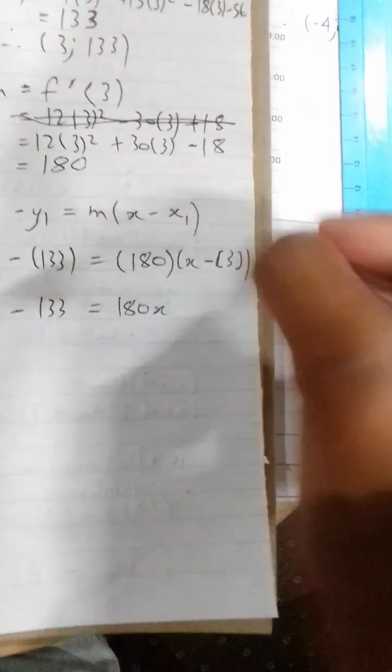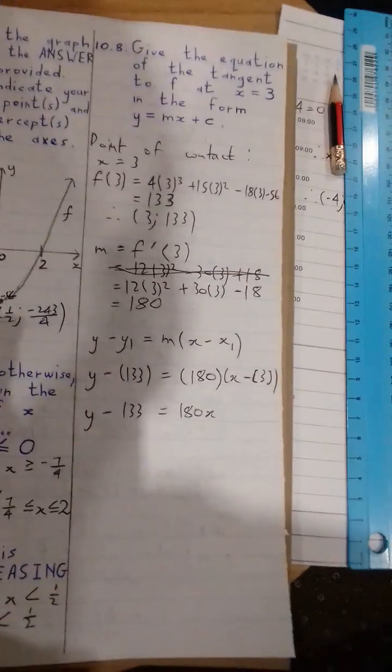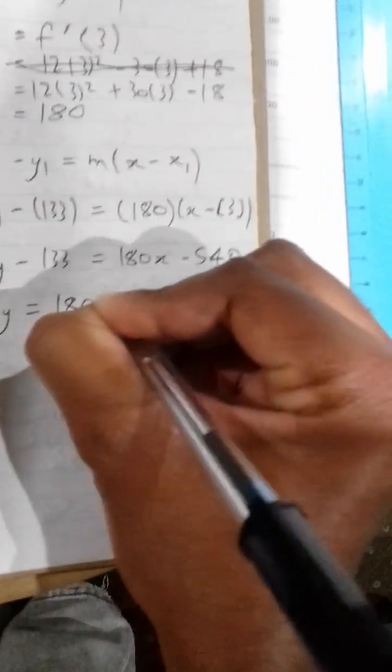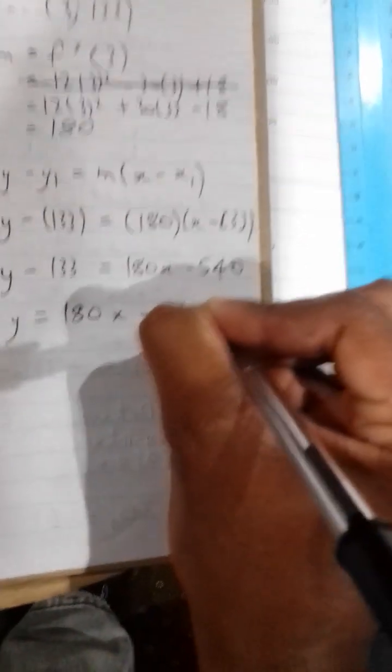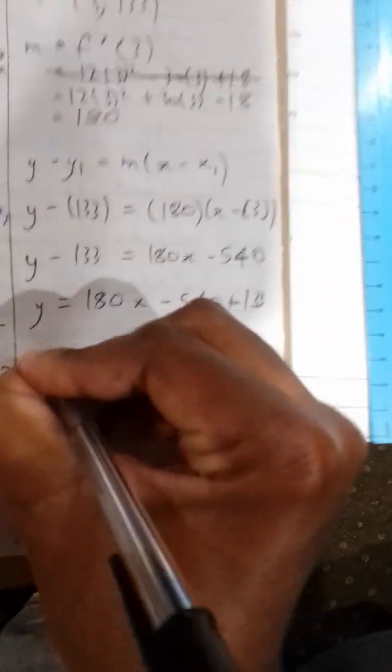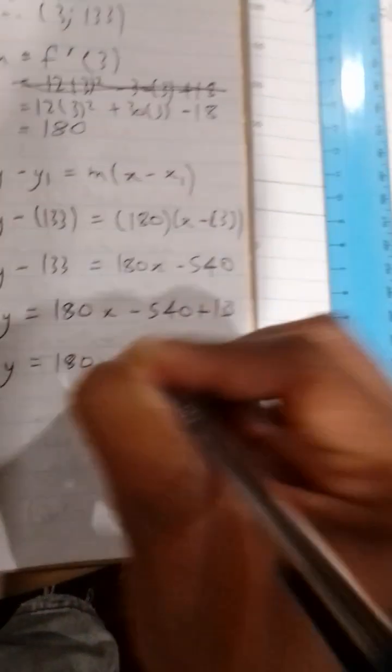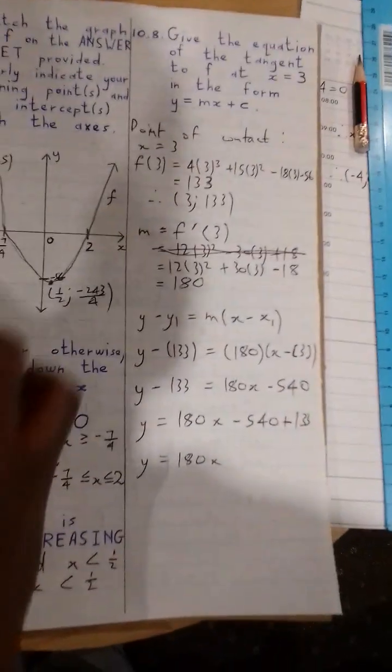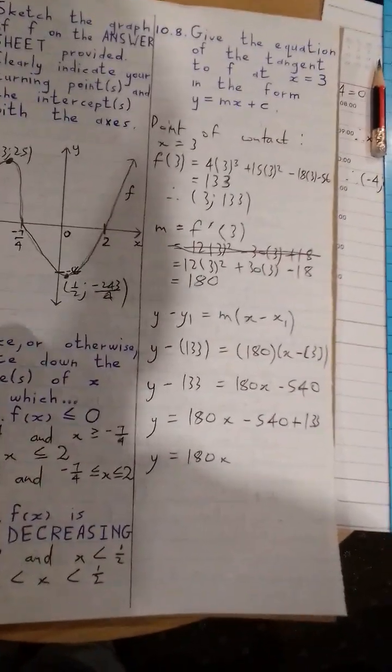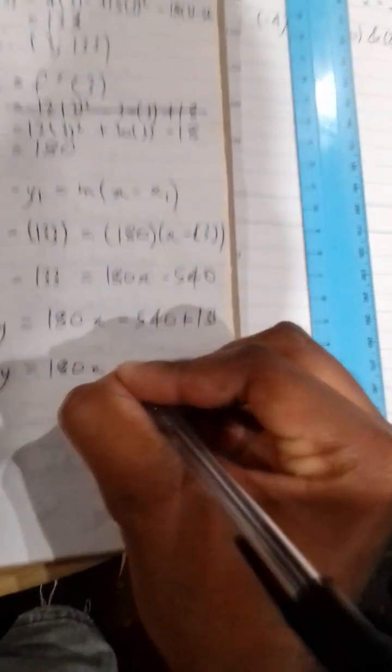So 180x, 180 times negative 3, negative 540. y is equal to 180x minus 540 plus 133. y is equal to 180x minus 407.